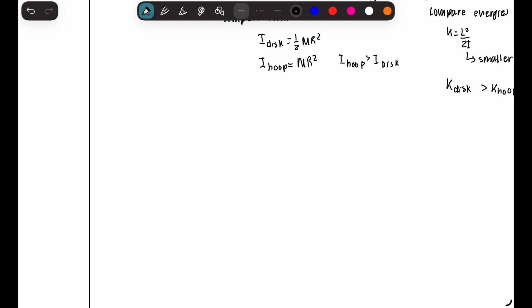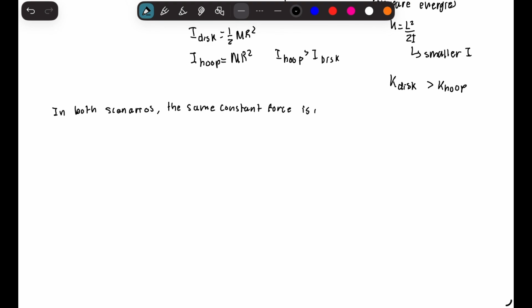So we can write this in a paragraph. In both scenarios, the same constant force is applied at the same radius for the same time interval.